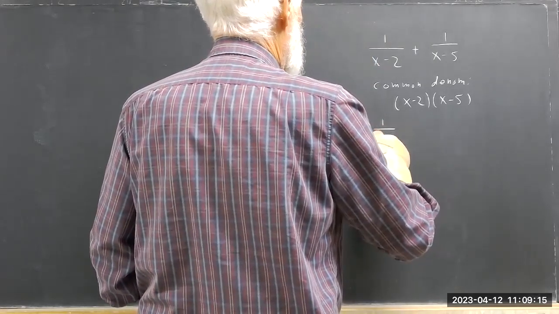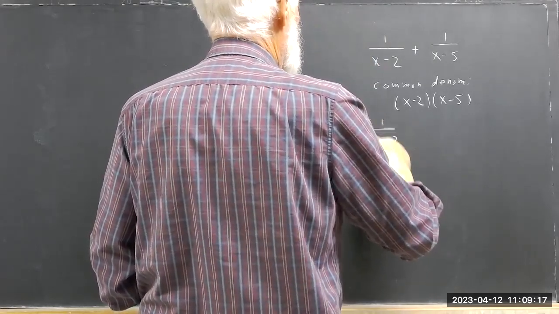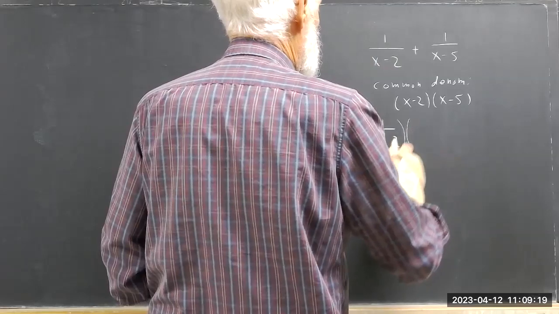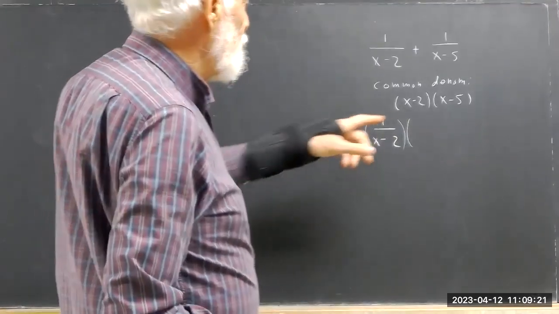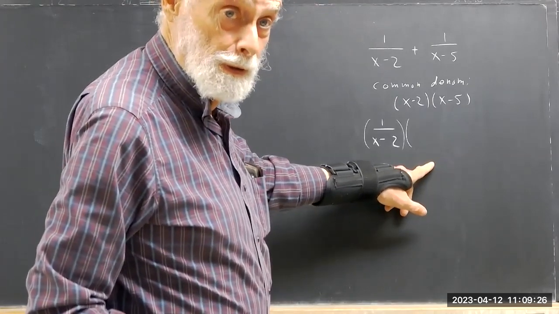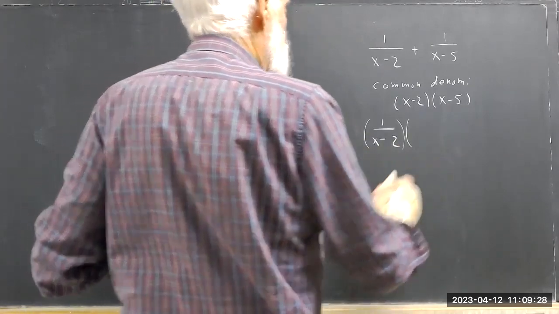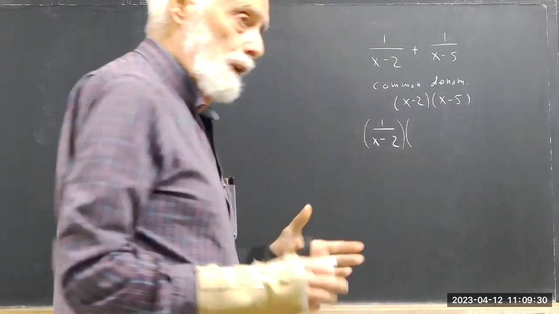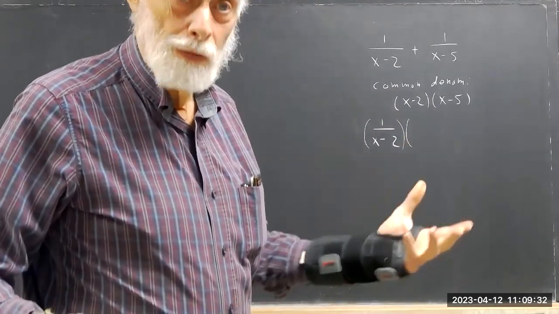If we take this and multiply it by something that gives us an x minus 5 in the denominator, then we'll have that common denominator. Well, if I multiply this fraction by anything except 1, it's going to change its value.